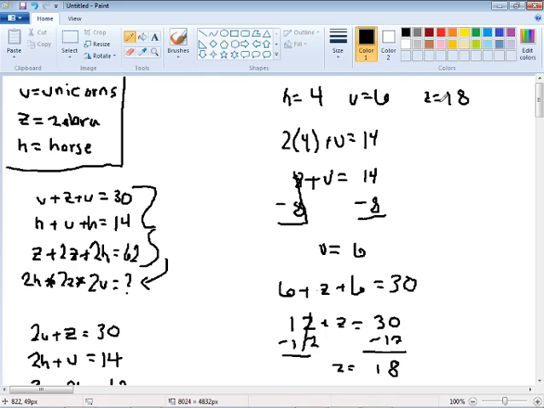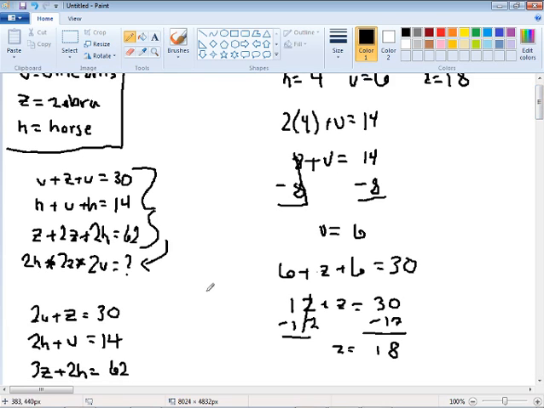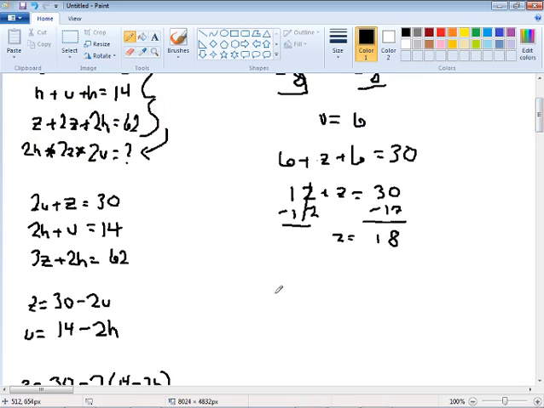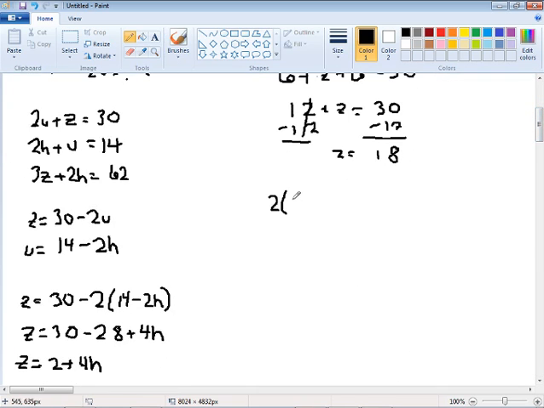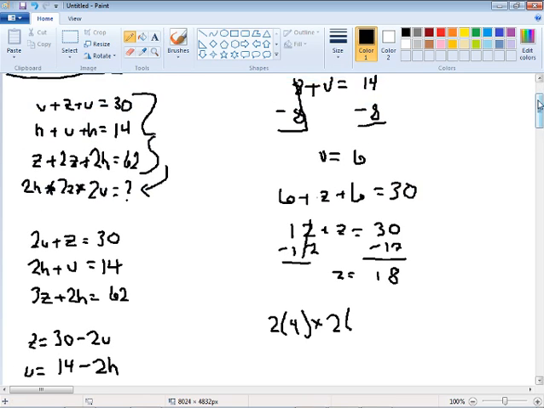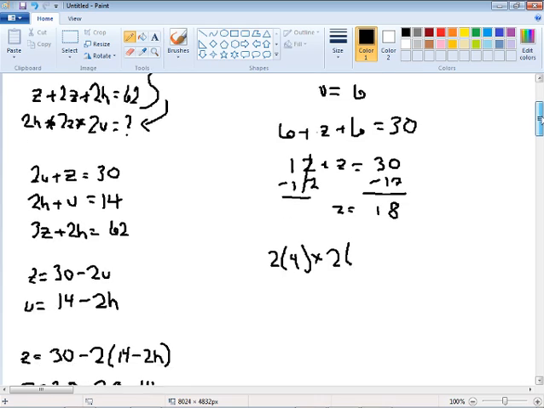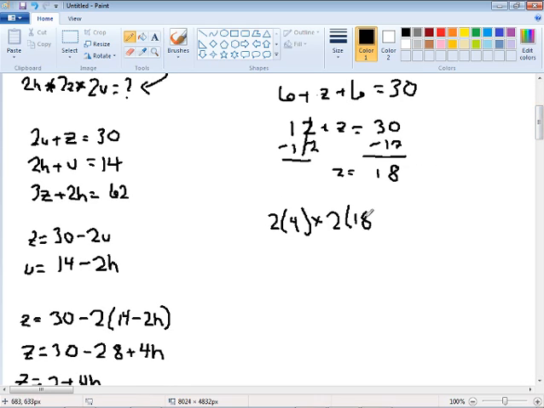Now that I have my three variables, I can go back to the original problem and rewrite it. I can say 2 times 4 times 2 times the Z, which was 18, times 2 times 6.